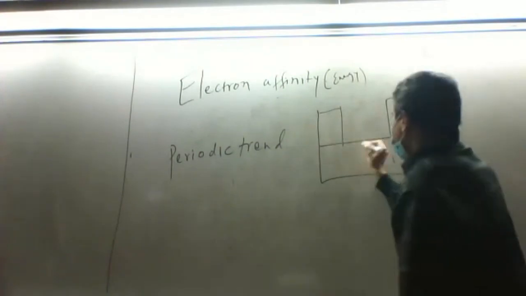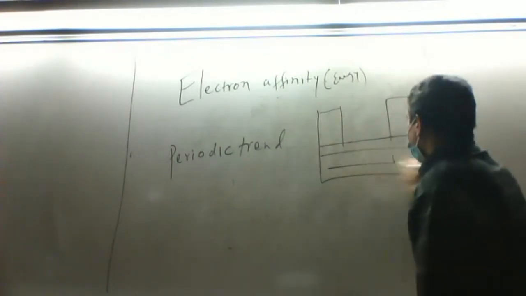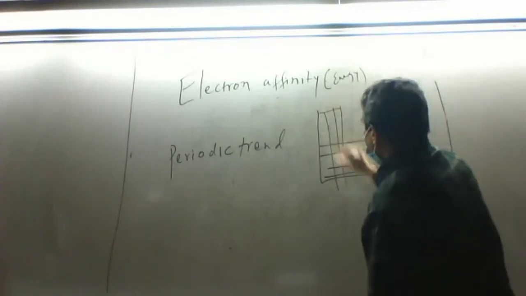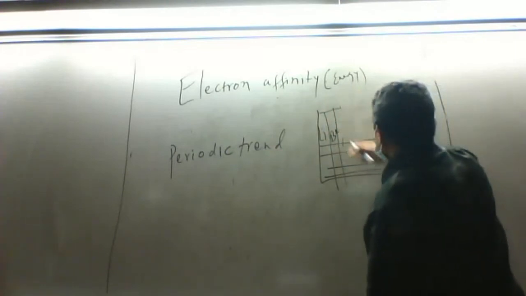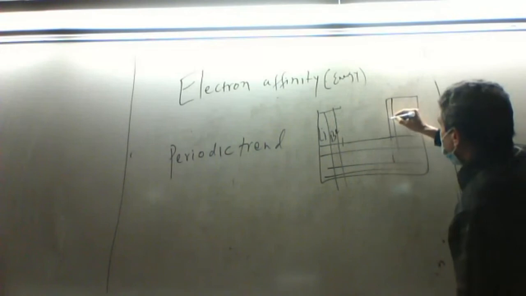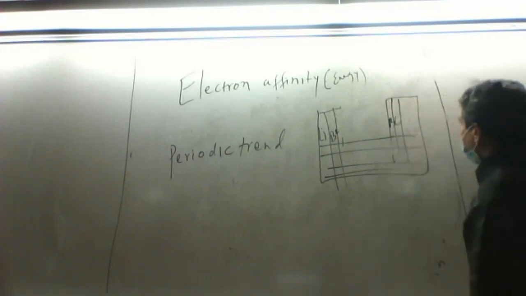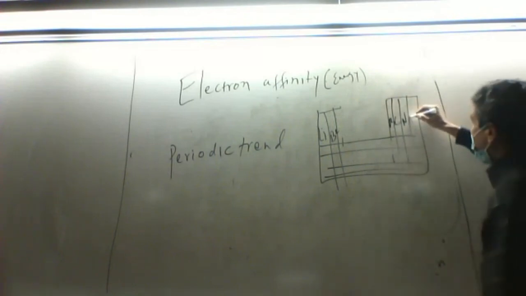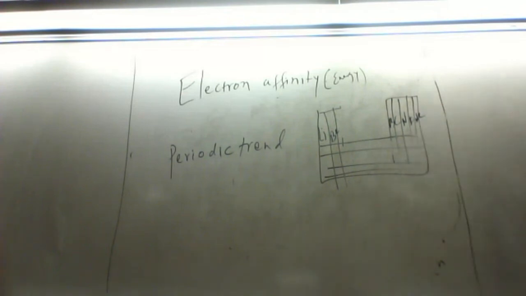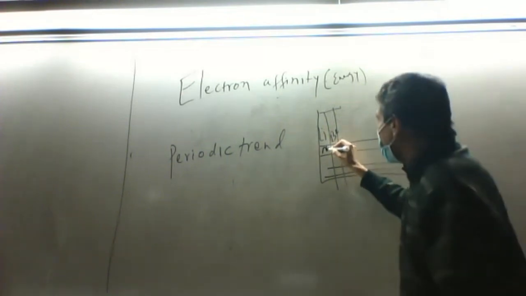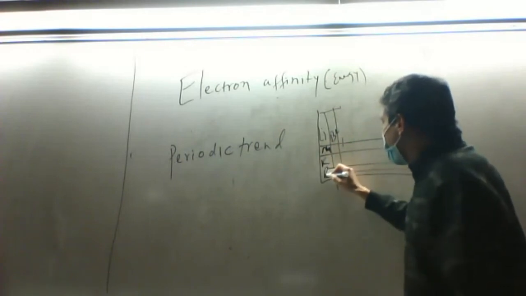I have lithium here, beryllium here, and then I have boron here, carbon here, nitrogen, fluorine, neon. This is a periodic table, right? And then I have here lithium, sodium, potassium, rubidium.